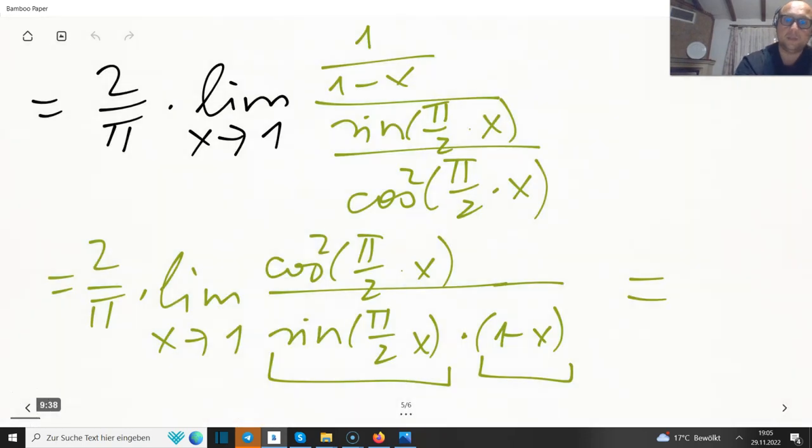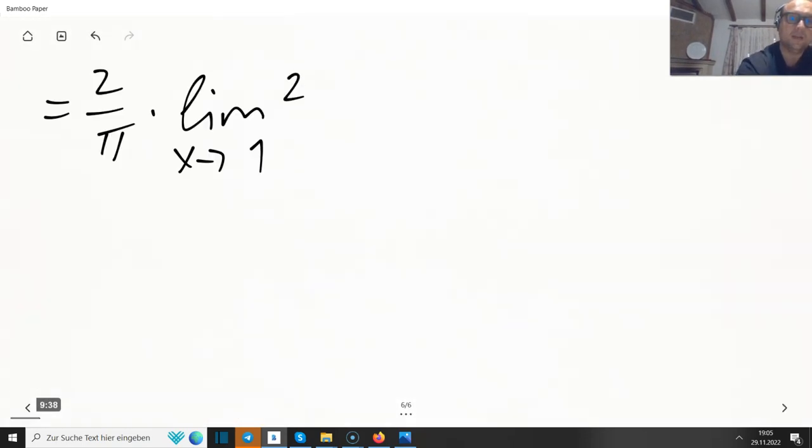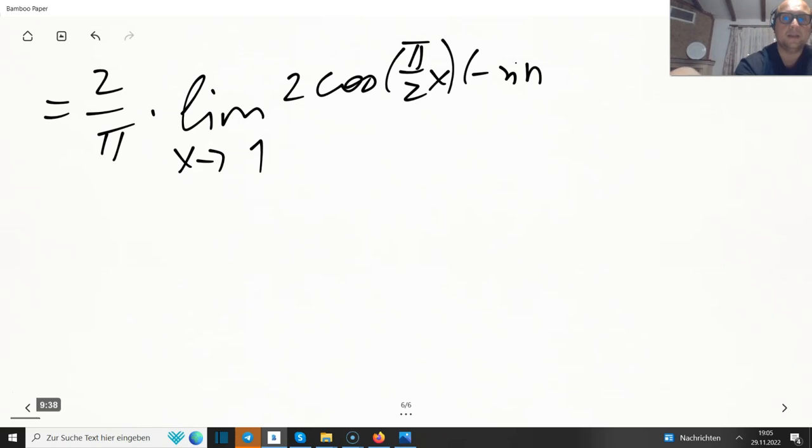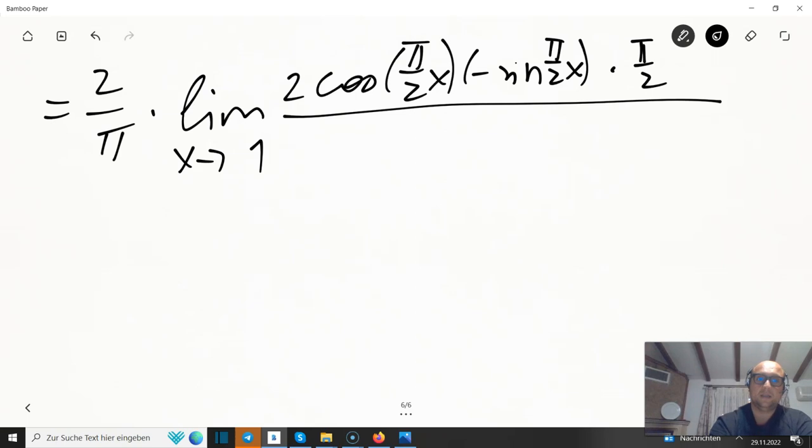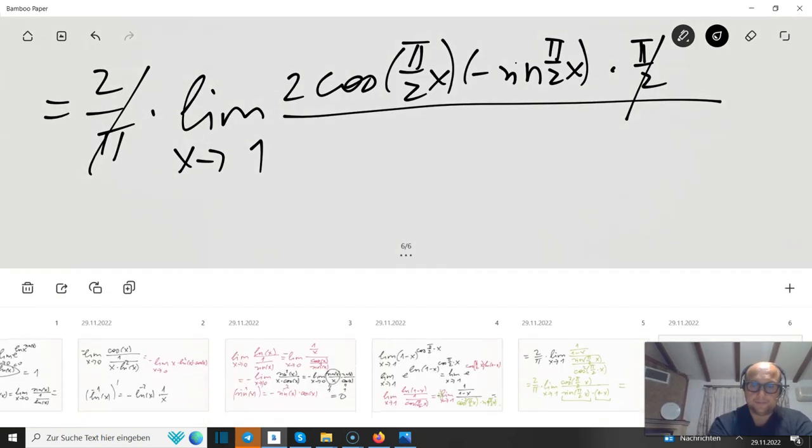Well, this is 2 cosine of pi divided by 2x times minus sine of pi divided by 2x times pi divided by 2.